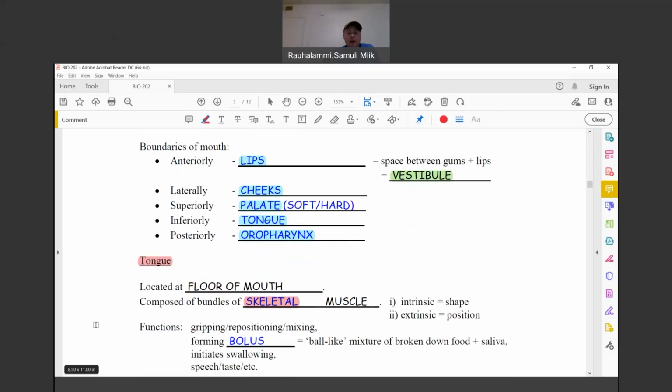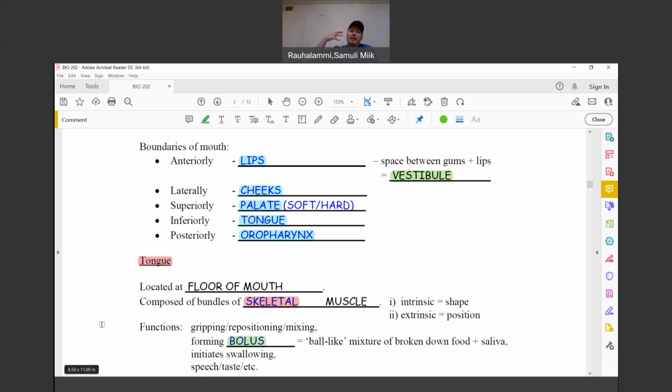We will talk more about the term bolus in a little bit, more towards the end of this section, but notice that when we have now taken the food to the mouth and we have started the mechanical breakdown of it through the process of chewing, and we mix it with saliva, we no longer talk about food.